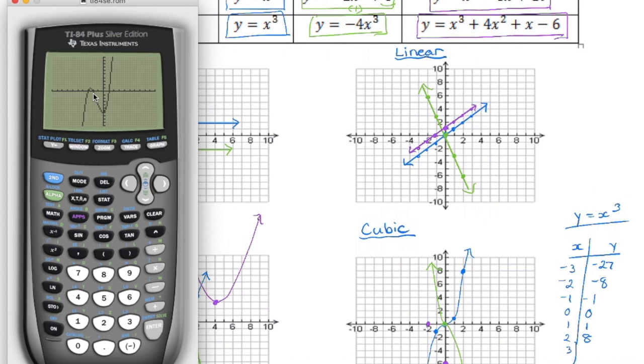We have another x-intercept here at negative 3. And we have another one at positive 1. So we're just going to follow what's on the calculator. We're going to go up and then down and then up. Try not to go in a straight line. And there is our final cubic function.